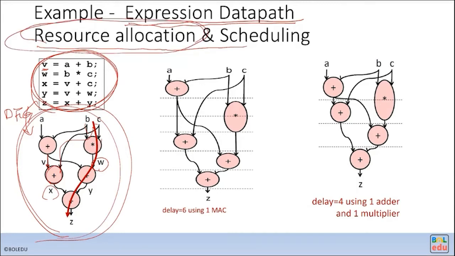Either the designer specifies how much resource he can use, or the tool decides for you. In this case, the user specifies I just use 1 MAC, only one hardware unit that can do either one multiplication or one addition.